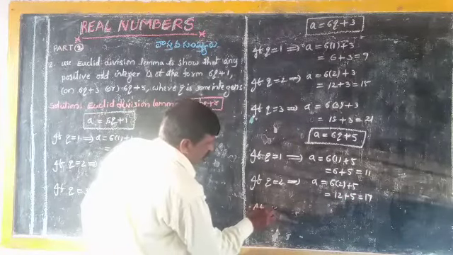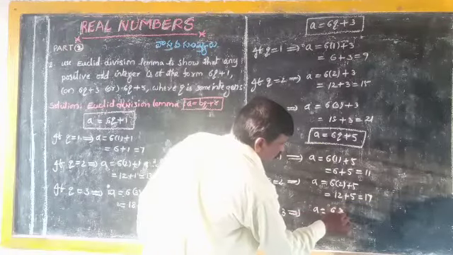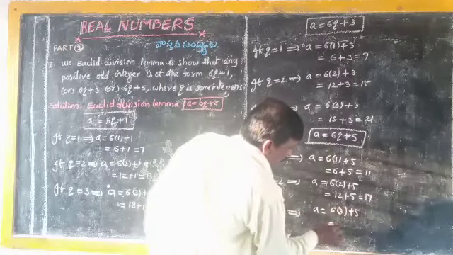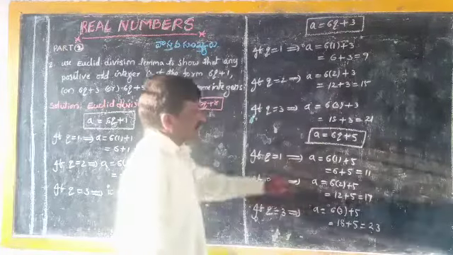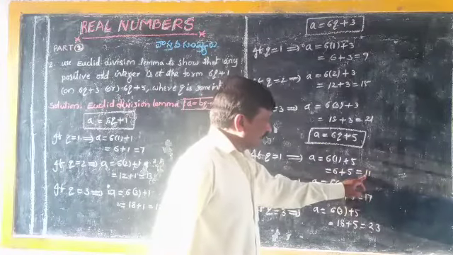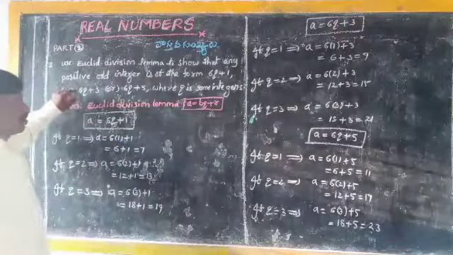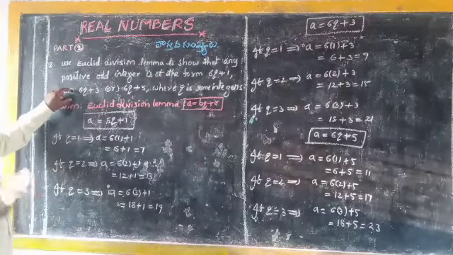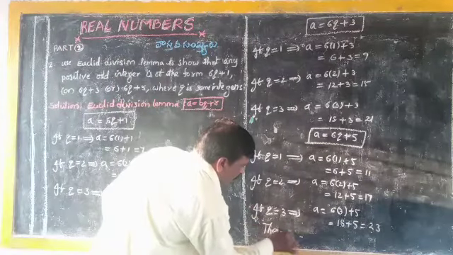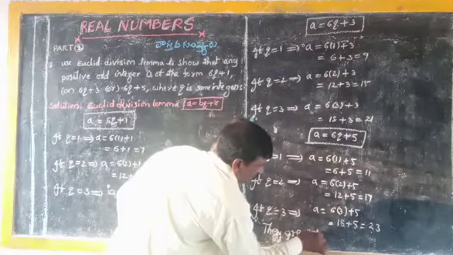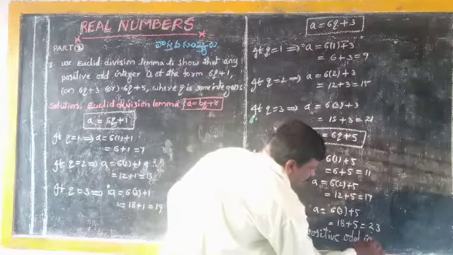If q is equal to 3, a is equal to 6 into 3 plus 5, 18 plus 5 is 23. These are odd integers: 11, 17, 23. These are all positive integers.